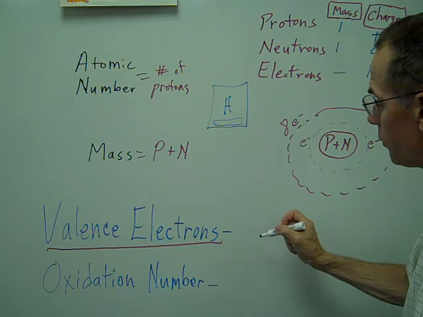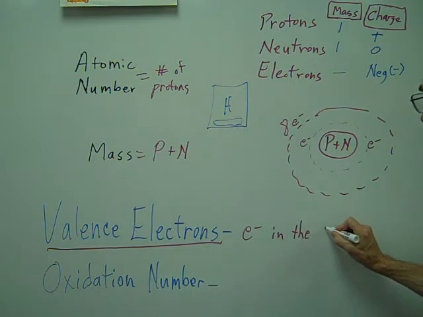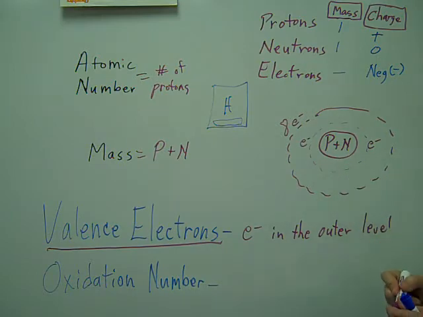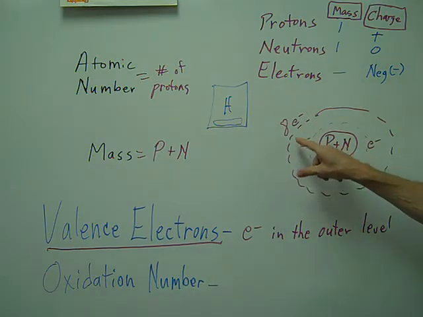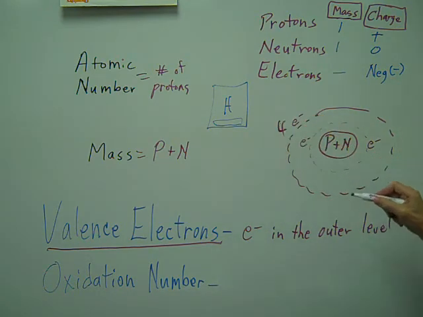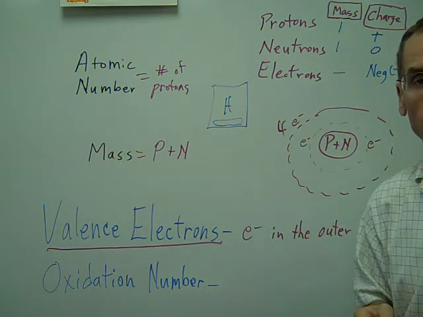Valence electrons is simply the number of electrons in the atom's outer level, or outer orbital. So, if in this case this atom here has 8 electrons in its outermost shell, its valence number would be 8. If the atom had 4 electrons in that outermost orbital, its valence electrons would be 4. It's simply the number of electrons in the outermost shell of an atom.